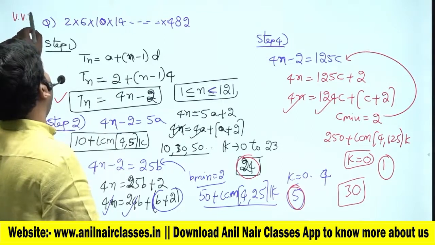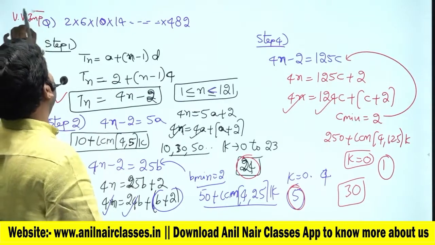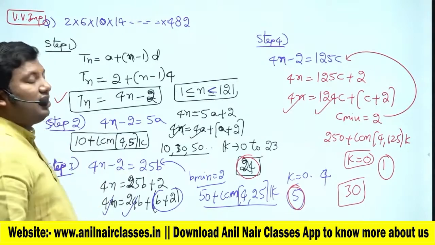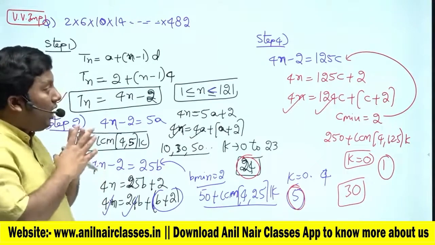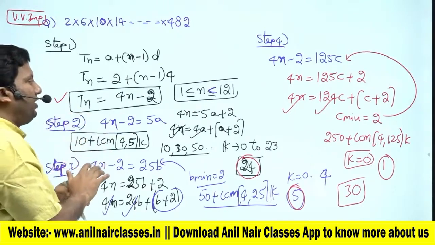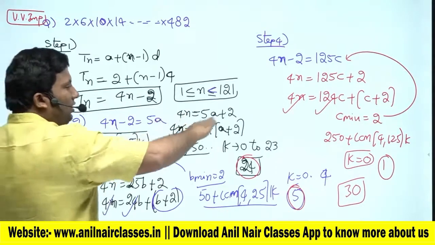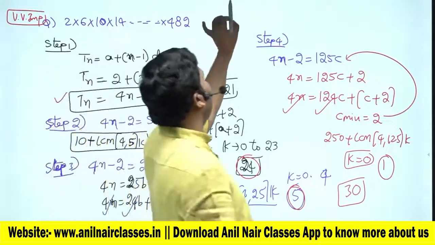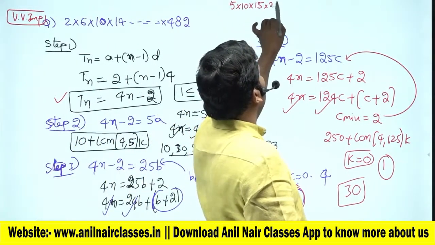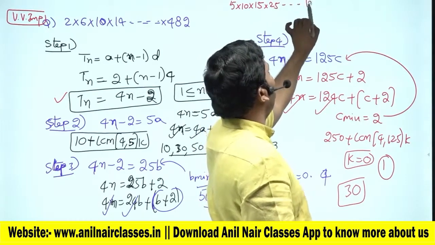Very, very important question. Kindly, after the class is over, all the enrolled students revisit this question again. Take time to understand what is happening at each and every step. First, I did all the 5 multiples. Suppose it is there, 5, 10, 15, 25 till 125.